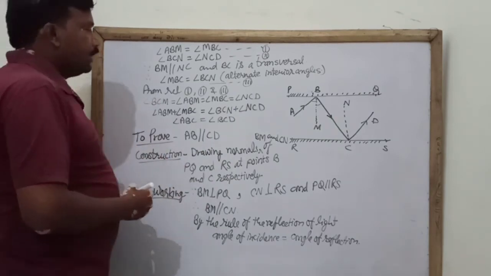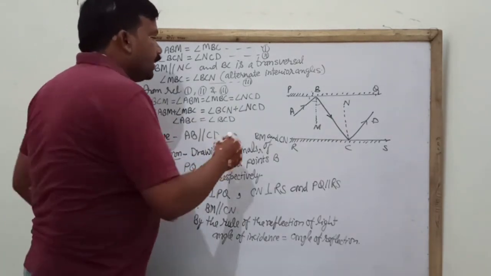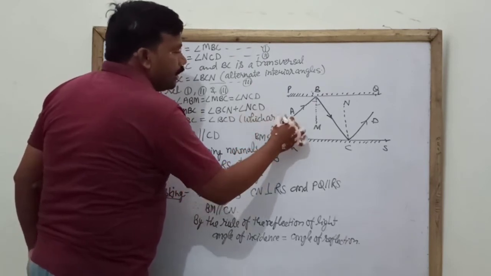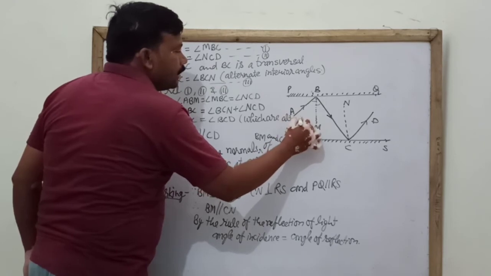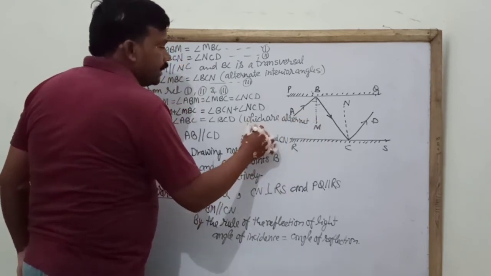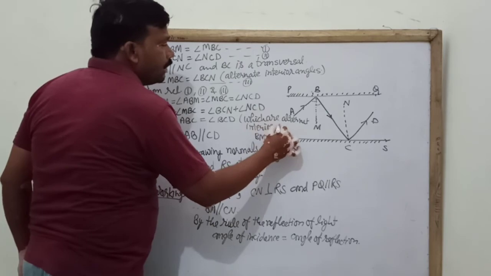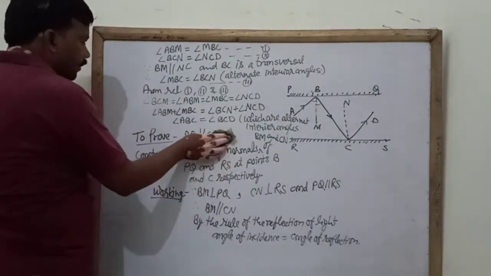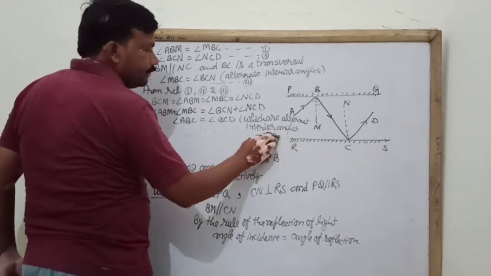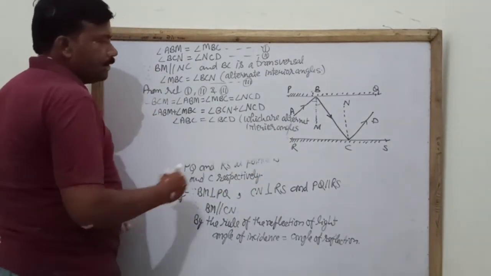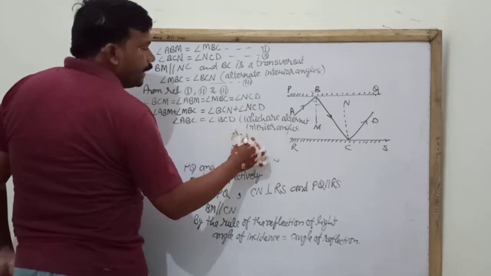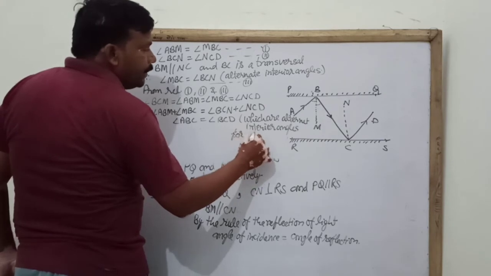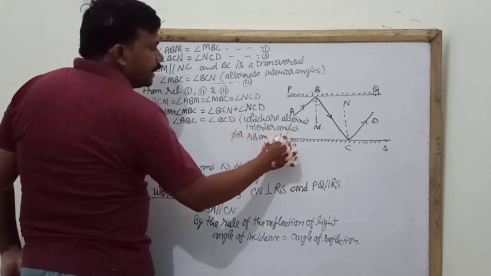These two angles are alternate interior angles for lines AB and CD.